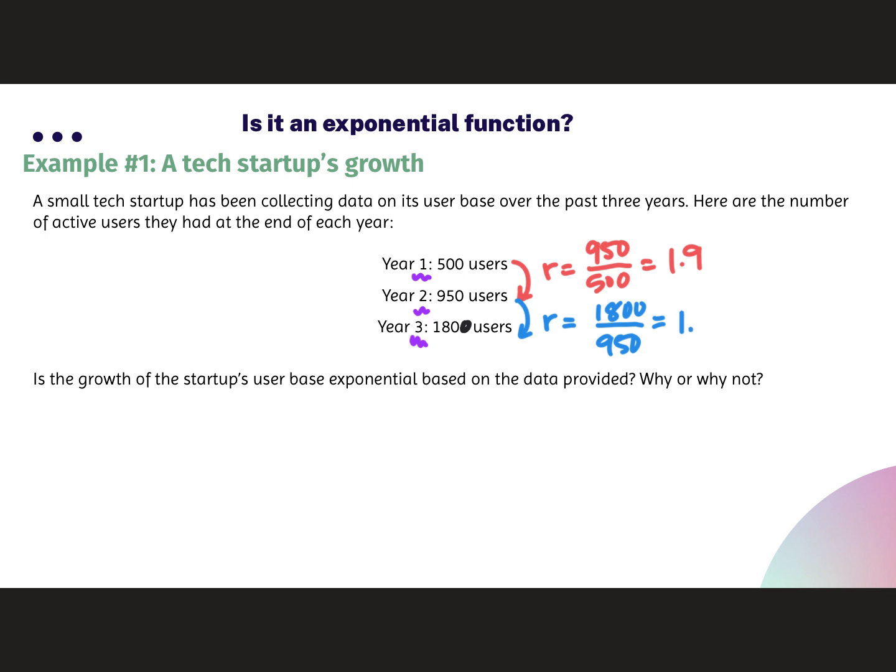We find that it is close, but not exactly the same. 1.895 would be that ratio. So is an exponential model a good model for this? We would say no. And our argument would be because these outputs are not proportional, or because there is not a common ratio.